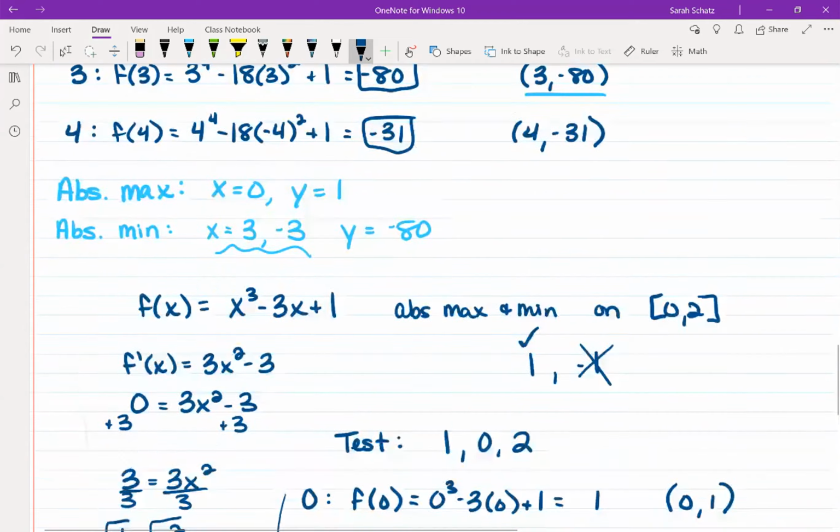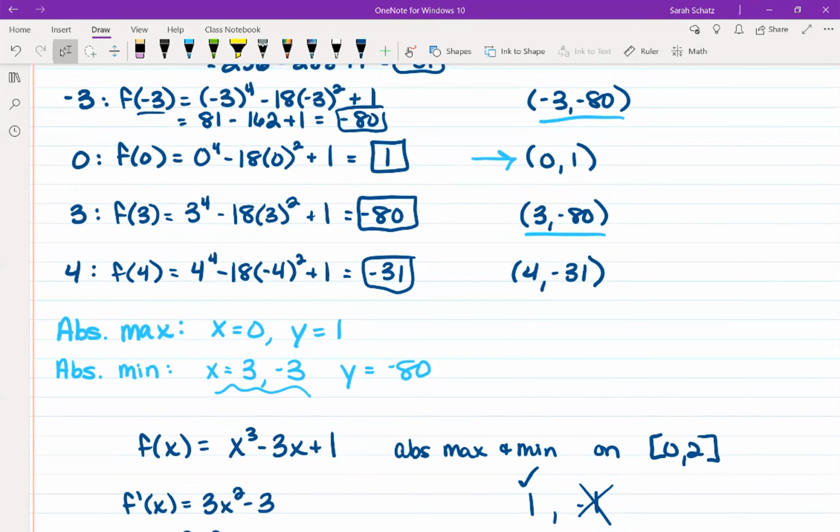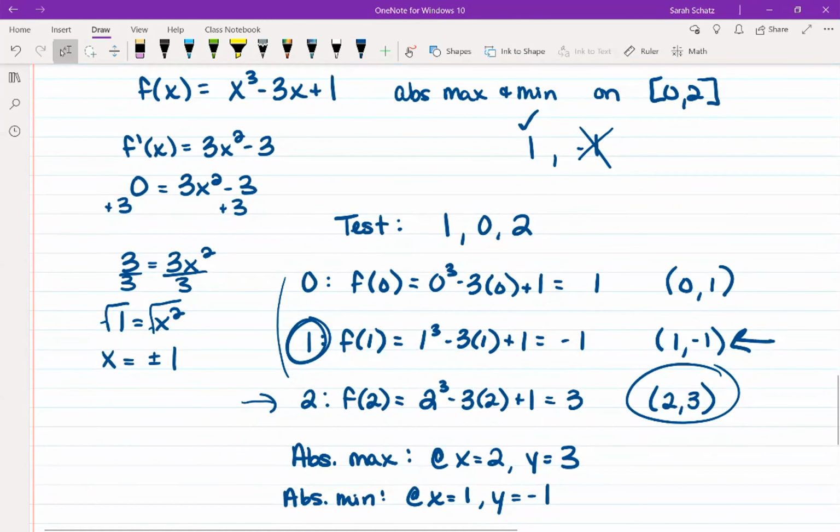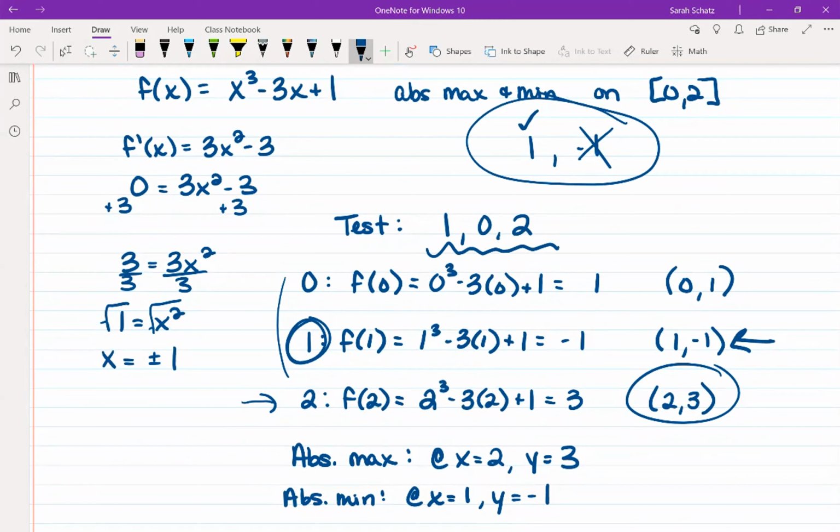So that's really all there is to it, guys. Notice that one was a lot faster, but we did still do all the steps. We found critical points. We decided which ones to consider. And then we did consider that point along with the endpoints, and we put them in the original function.